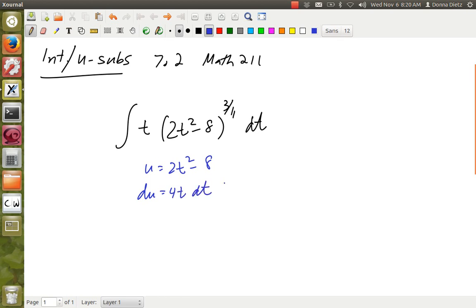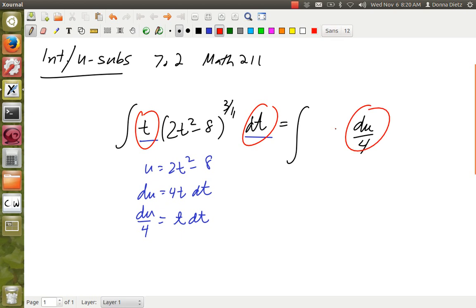You just generate these pieces, and then you say, I have a t dt in the problem, but I've generated a 4t dt, so I'm going to fix that. Now I'm going to replace all the parts. Again, the t dt disappears together with du over 4. So this piece is being swapped out. The red circles are being swapped out for one red circle.